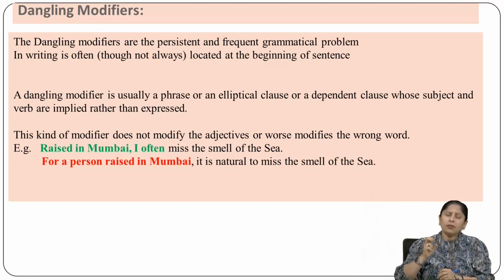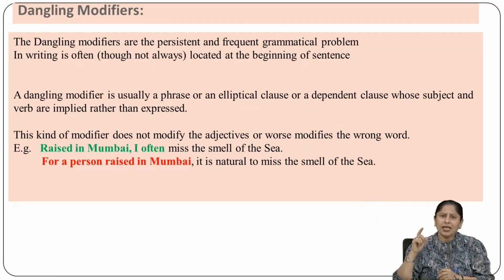They do not stand as a separate sentence, but they are an integral part of the main sentence. They are known as the secondary, subordinate part of the sentence. That's why they are known as dependent clauses.